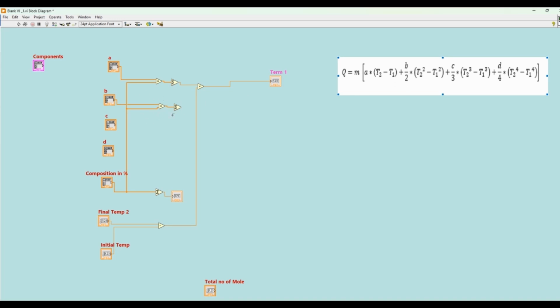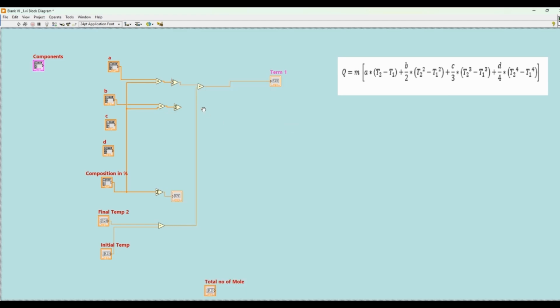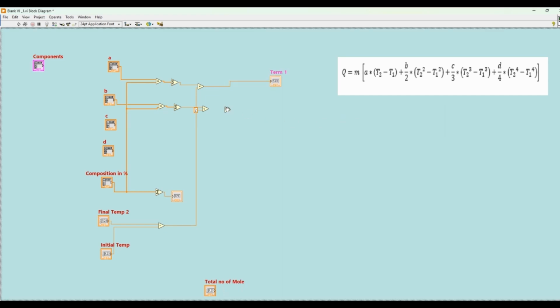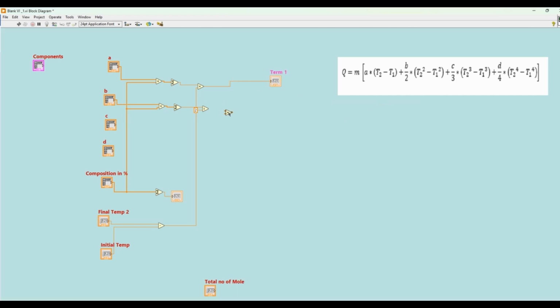This gives the summation of B. First of all we have to take this term: B divided by the constant 2, and whatever product comes is multiplied with T2 square minus T1 square.